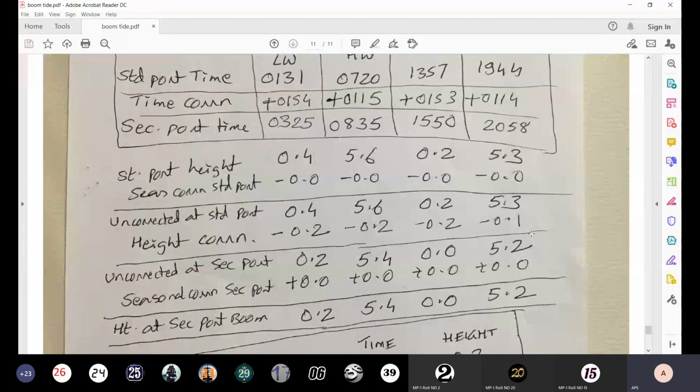So that window is quite large. Within 15 centimeters of the actual value means 15 centimeters in addition, 15 centimeters less also.